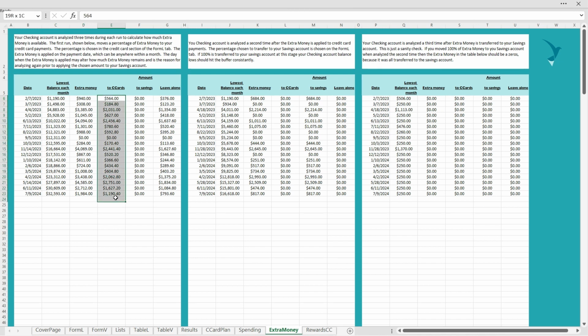Right, and then it applies the extra money to credit cards, analyzes again, applies that extra money to savings, analyzes the last time just as a sanity check. And you'll see in this example, the buffer in the checking account was $250. So you see it's going to continually hit that as the lowest balance in that account now because the money had been transferred out.